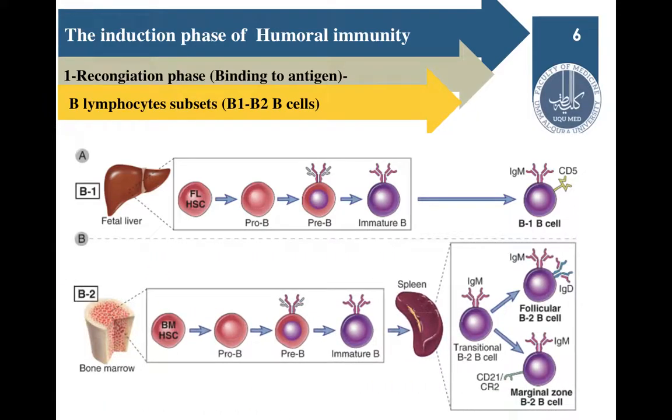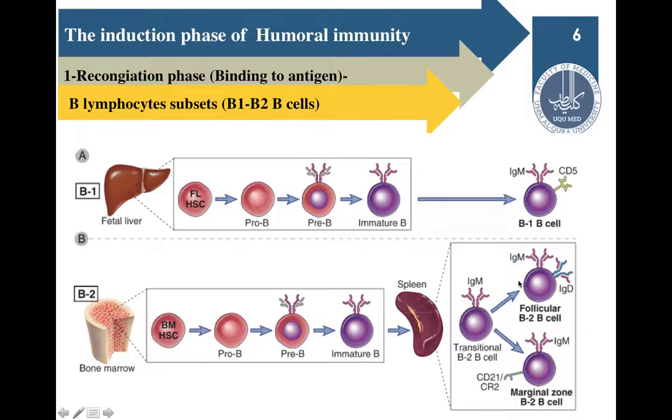On the contrary, B2 cells are produced in the bone marrow by hematopoietic stem cells, and the immature B cells are released into the circulation and reach the spleen. In the spleen, you can see that B2 subsets are further divided into follicular B2 cells and marginal zone B cells.